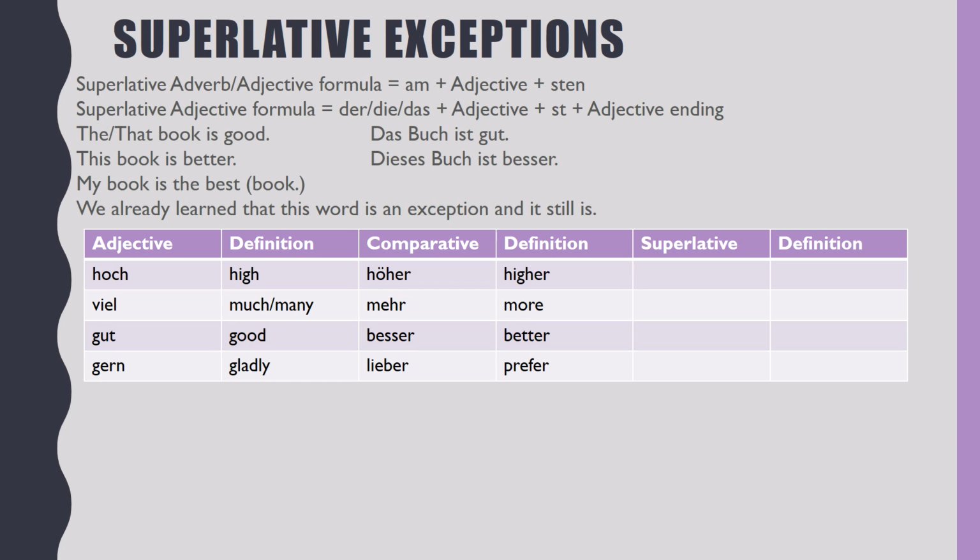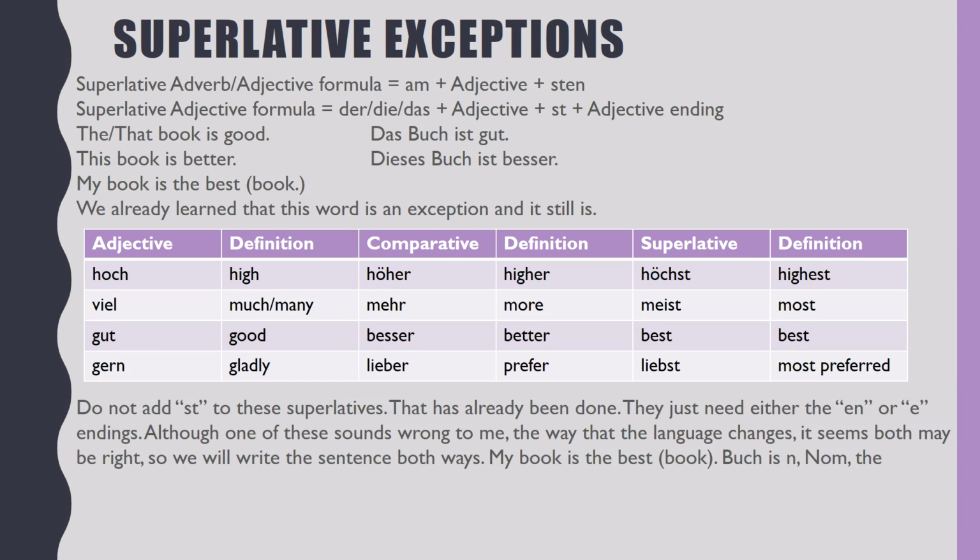In the superlative, these are höchst, meist, best, and liebst. Do not add st to these superlatives. That has already been done above. They just need either the en or e endings. Although one of these sounds wrong to me, the way that the language changes, it seems both may be right.